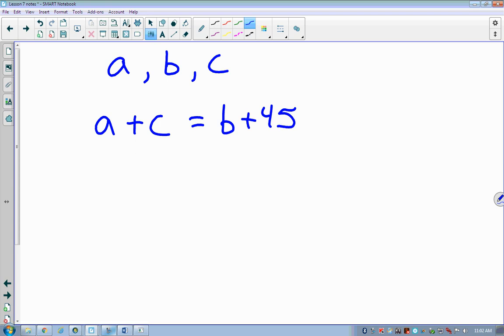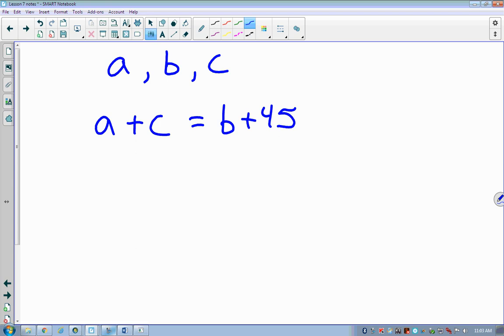So at this point, there are things that you would just kind of try. But notice that B is between A and C. Because we're adding 2 things here and we're adding 2 things here, a kind of hint is that the number's probably going to be close to 45.